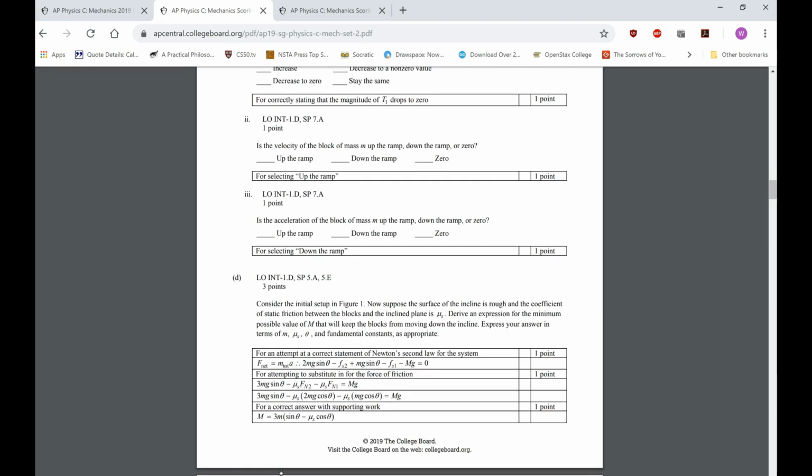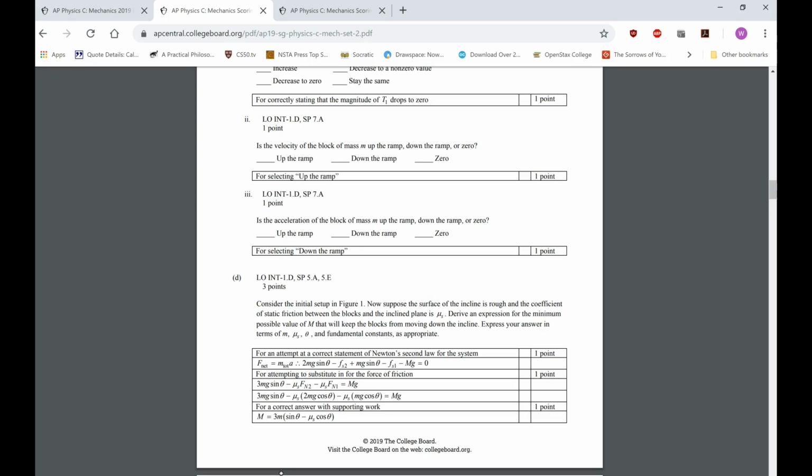So it says here, for an attempt at a correct statement of Newton's second law for the system. So even if it's wrong, if you tried to write what the sum of the forces is, you get a point. For an attempt to substitute in for the friction force. So again, attempting. It does not mean that things have to be right when you're grading yourself here. Notice that you get points for showing your work and trying.